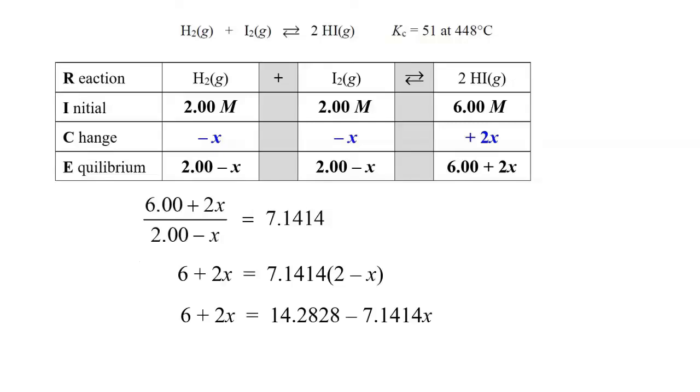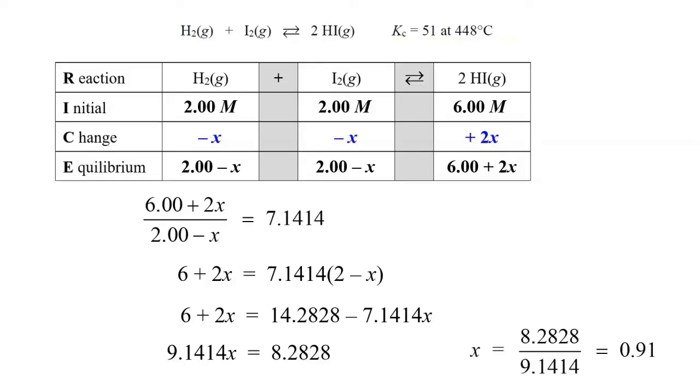So I'm going to add 7.1414X to both sides, and subtract the number 6 from both sides. Now I get 9.1414X on the left and 8.2828 on the right. Last step, solve for X, which would be 8.2828 divided by 9.1414. When I do that math, I discover that X is equal to 0.91.